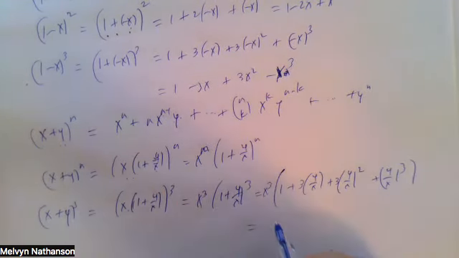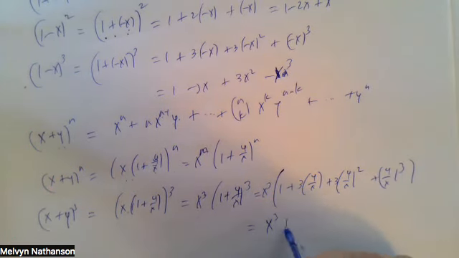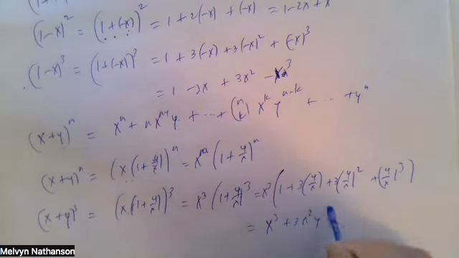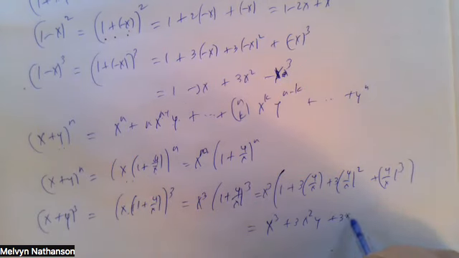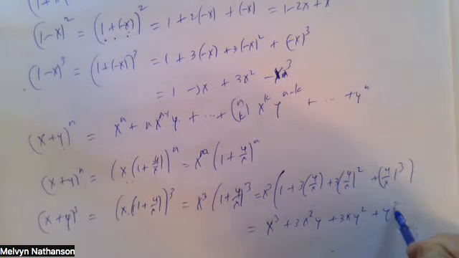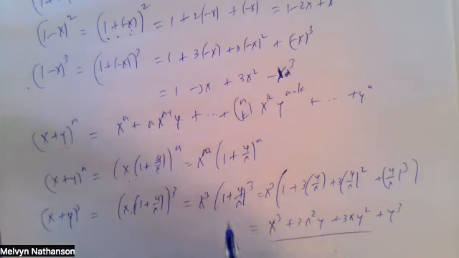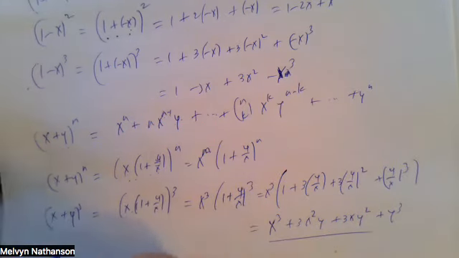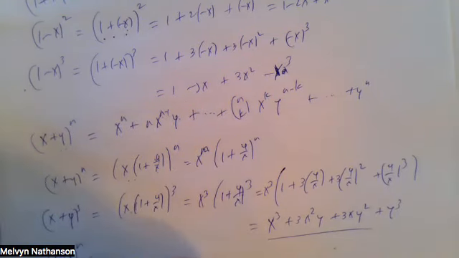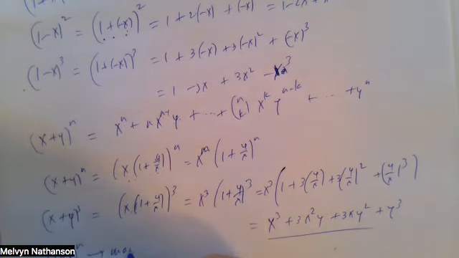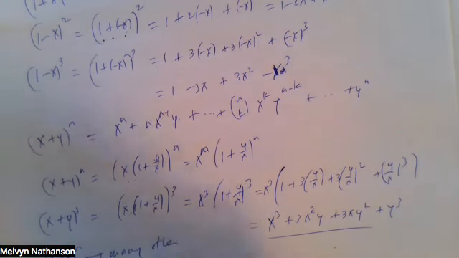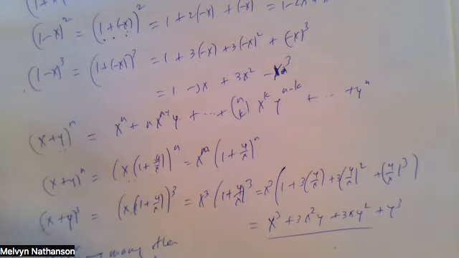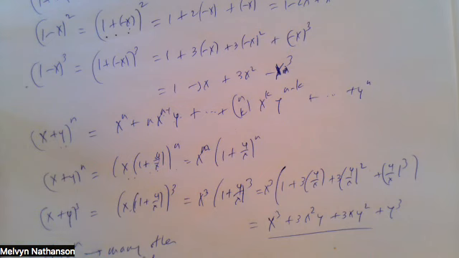And when I multiply across, I get x cubed plus 3x squared y plus 3xy squared plus y cubed. All right, so from that, knowing 1 plus x to the n gives many other results. Plus, you can put many things into this form.